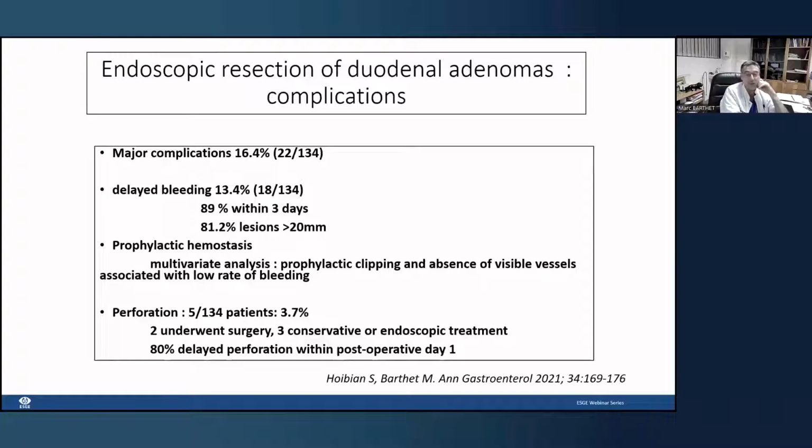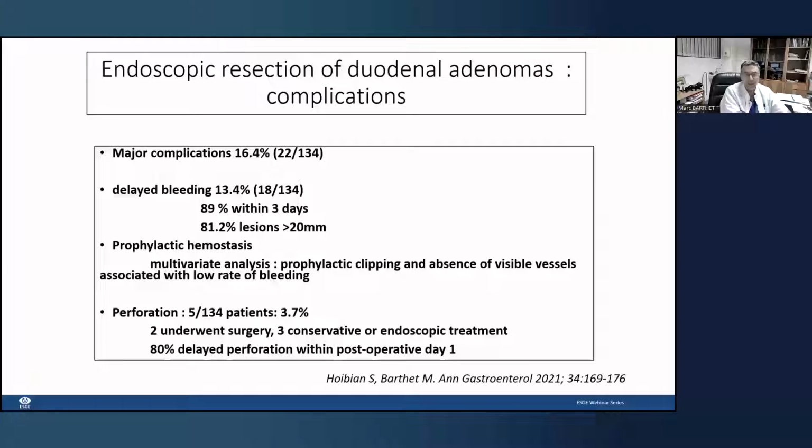And what about perforation? The rate is very low with EMR, not with ESD, of course, about 4% of the cases. There were 5 patients, 2 underwent surgery, and 3 underwent conservative or endoscopic treatment, meaning OTSC clip, or in one case, duodenal stenting.